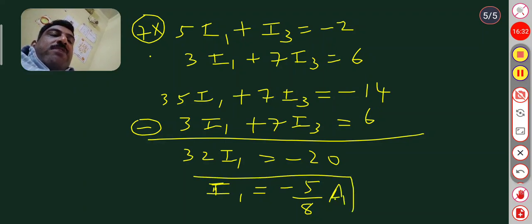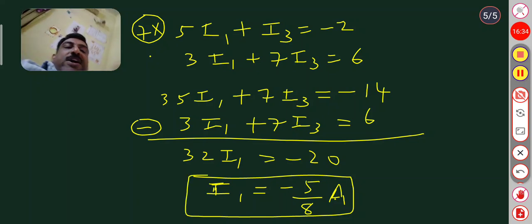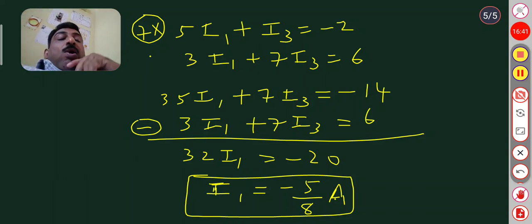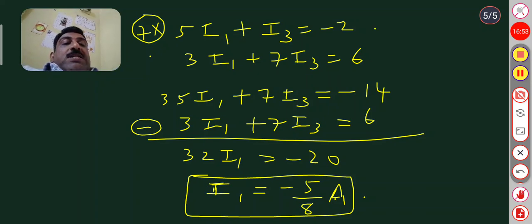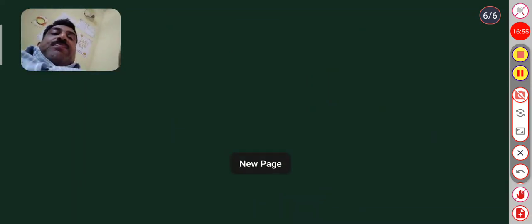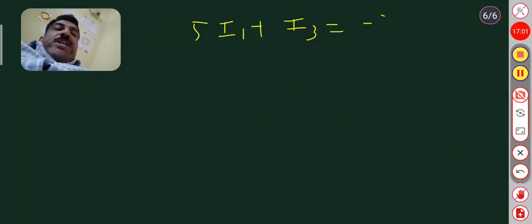So the current I1 is minus 5 by 8 ampere. Now I got the value of I1. Now I can substitute this I1 in our first equation, that is 5I1 plus I3 is equal to minus 2.